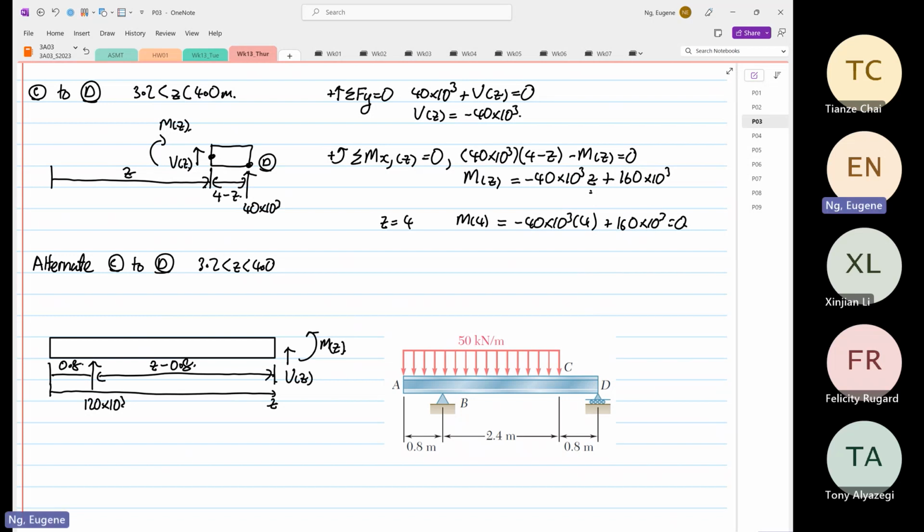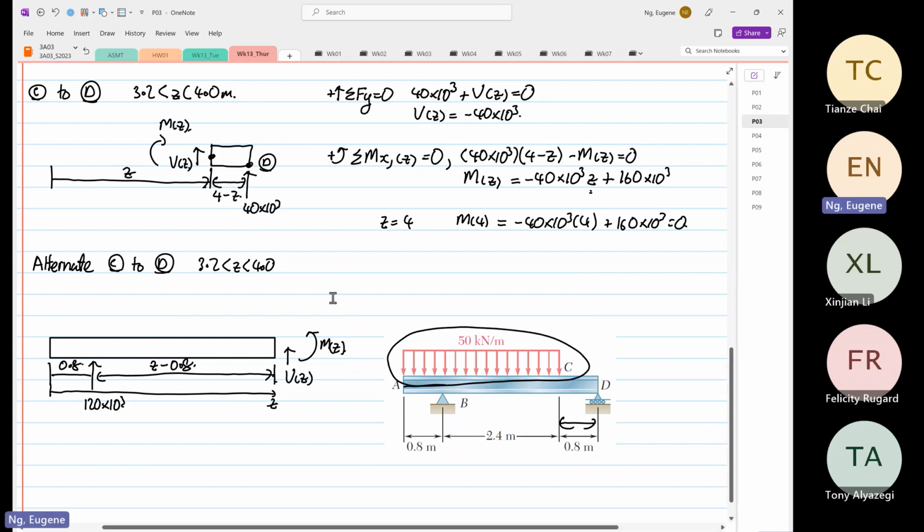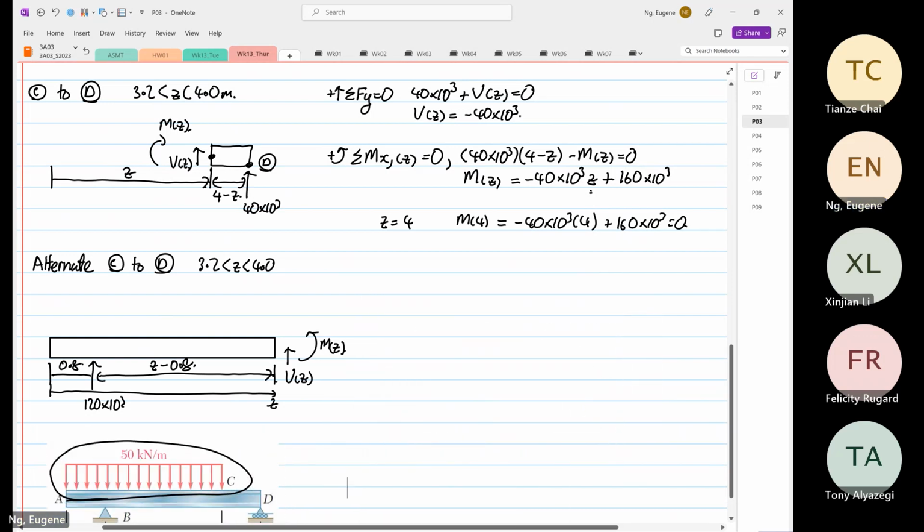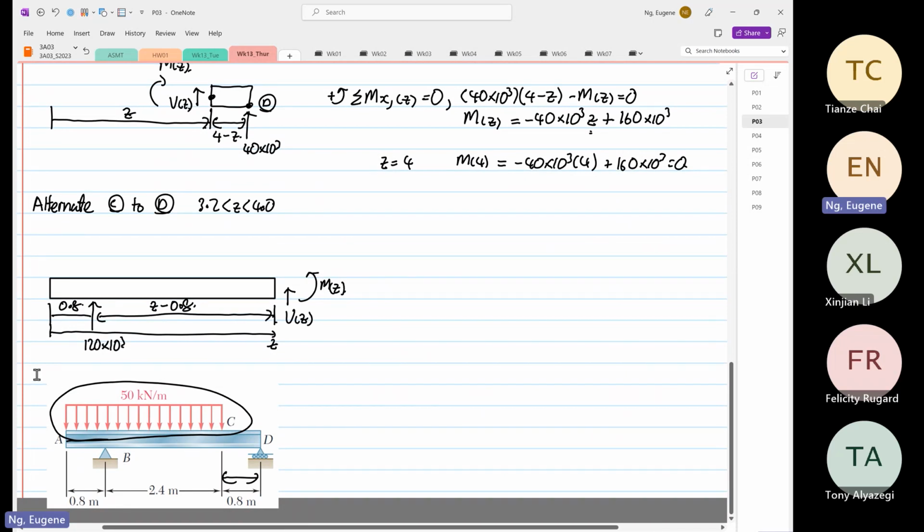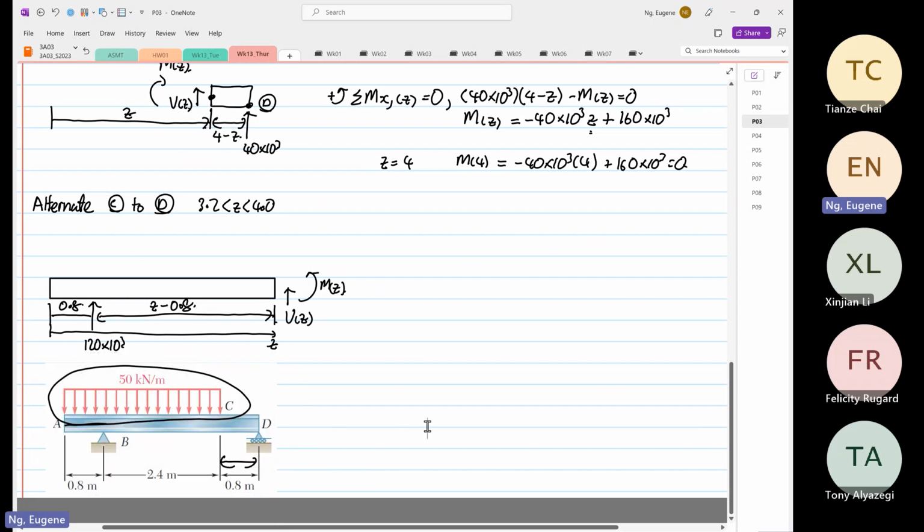Okay, now the next point, the one on top, you have to be very, very careful. Because it's in this range, right? Your so-called evenly distributed load now is a constant, right? So now when that is a constant, that's where things get a bit complicated. So you will have 50 times 10 to the power 3 multiplied by a distance of 2.4 plus 0.8, 3.2.